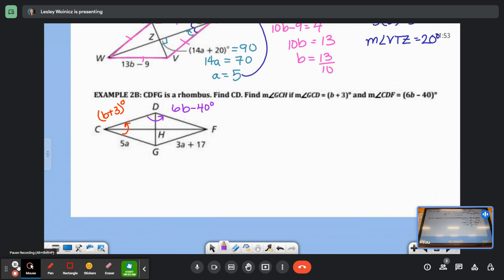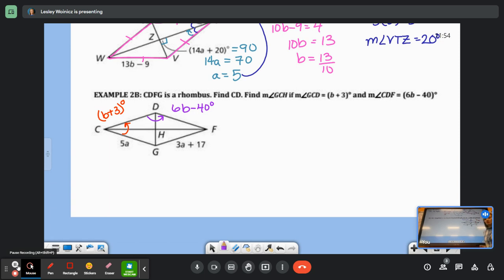What do you want to do first, the angles or the side? Angles. Okay, so look at your blue sheet. What do we know about consecutive angles in a parallelogram? A rhombus is a parallelogram, so we're allowed to use all of our parallelogram stuff.